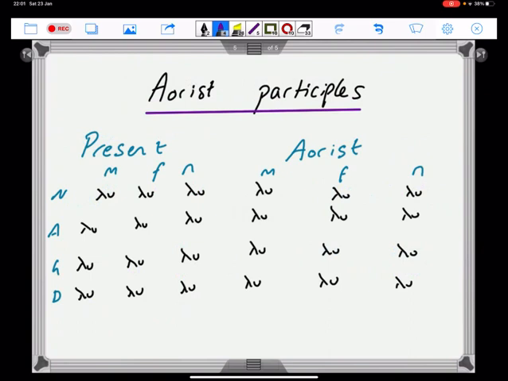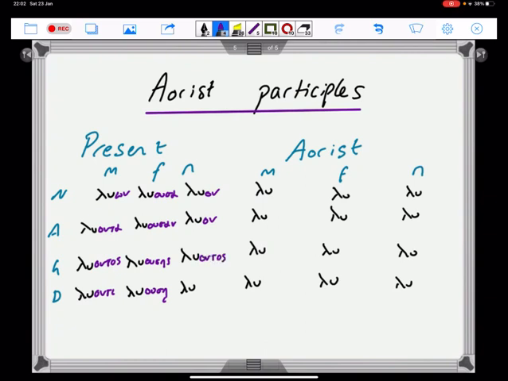Applying that to participles, think first about form. You've seen the present, luon, lousa, luon, luonta, lousan, luon, luontos, luonti, lousēs, lousē, luontos.